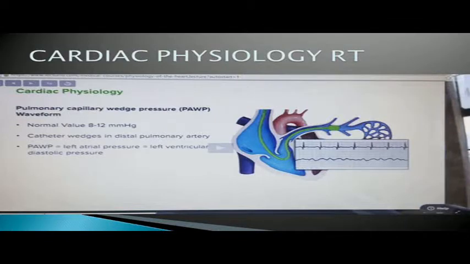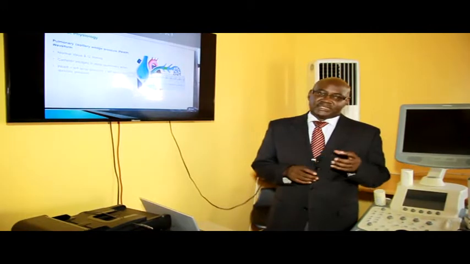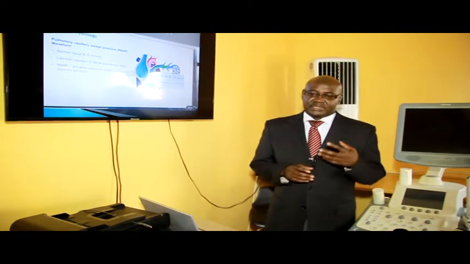Actually, this image shows that we are measuring the pressures on the right side of the heart. We are using what we call a catheter that is inserted through the superior vena cava, that is the vessel that brings blood from the top part of the body into the right side of the heart.